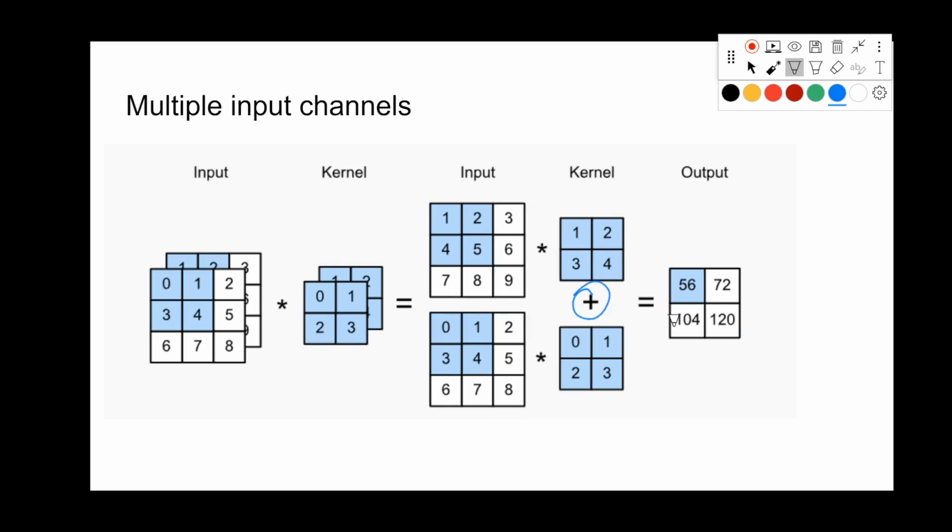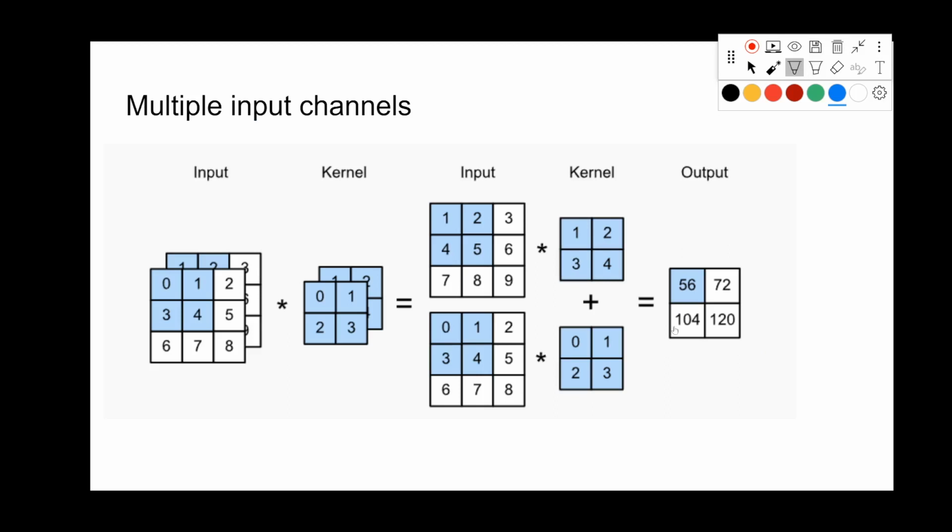The output will be the sum of all the convolutional results. So no matter how many input channels we have, we will produce a single output channel.